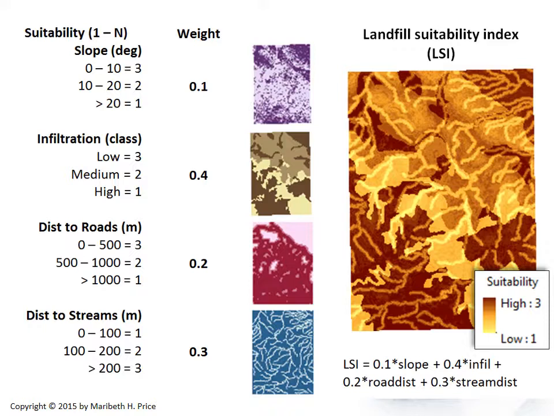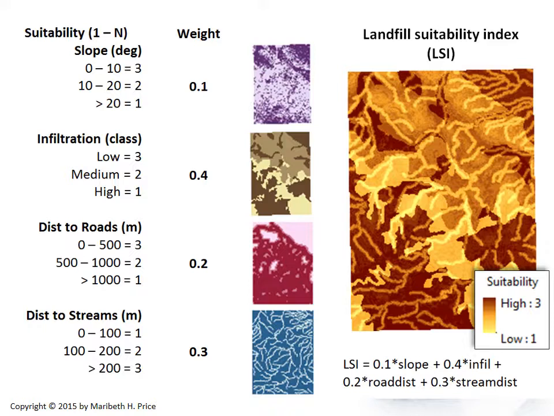So let's pretend that we are looking at an example where we're trying to find a new location for a landfill. So we're going to generate our landfill suitability index. And we have 4 different input rasters in this particular analysis. We've got slope measured in degrees, and we've put those into different classes.